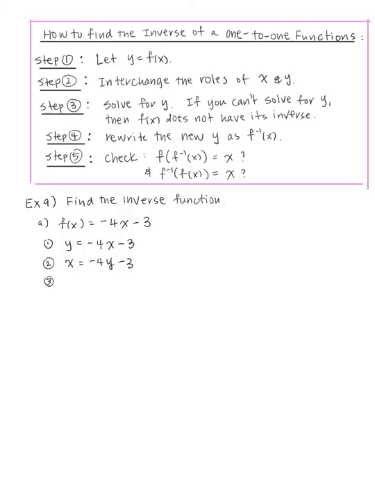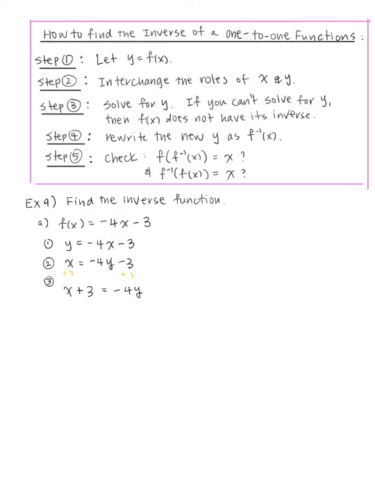All right, now step 3, solve for that new y. How do I solve for y? Well, I need to add 3 on both sides. So here what we're going to get is x plus 3 equals negative 4y. Let's keep solving. The next step is dividing by negative 4.